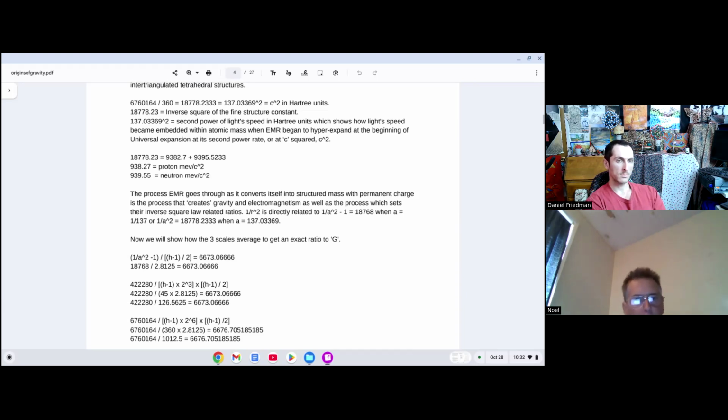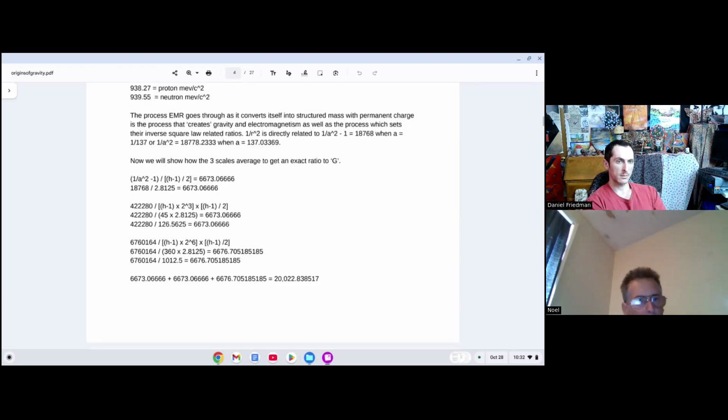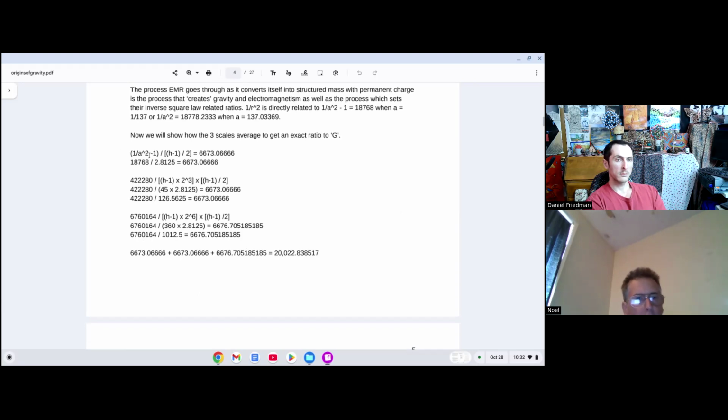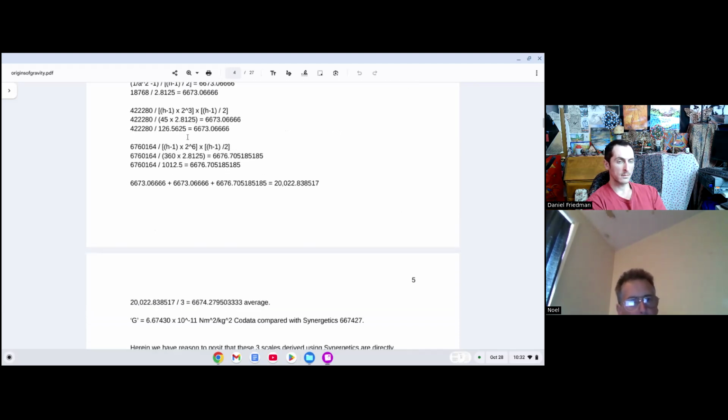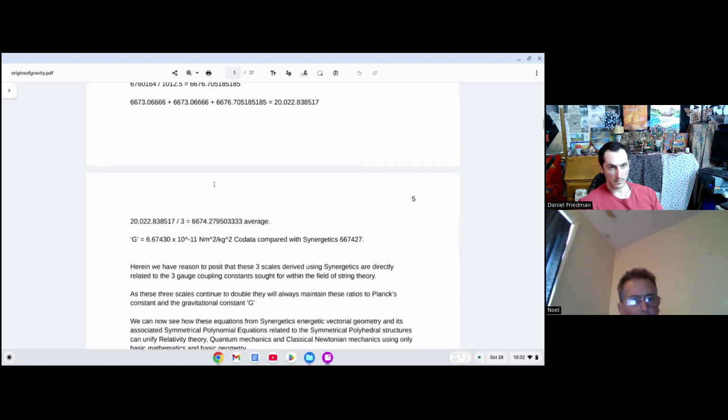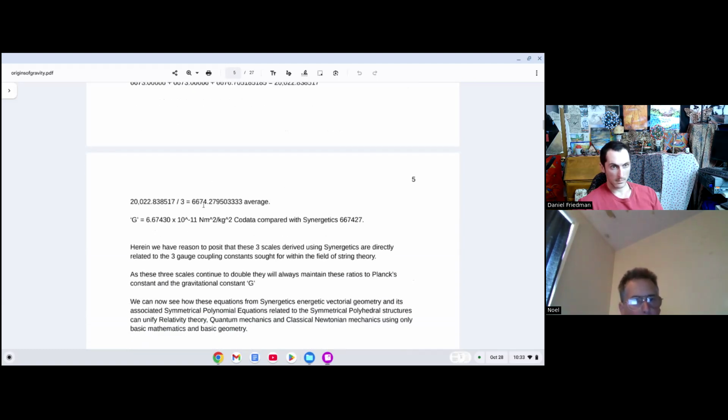So here's how the other three scales ratio. The frequency measure divided by the angular momentum measure gives us the 6673. The second scale gives us the same 6673. The third scale gives us 6676, but what's interesting is that when we average them, we get 667427, which is extremely close to 66743 of CODATA's gravitational constant.